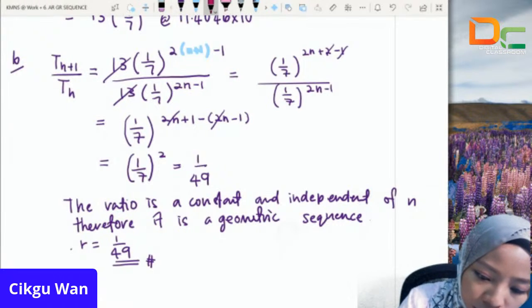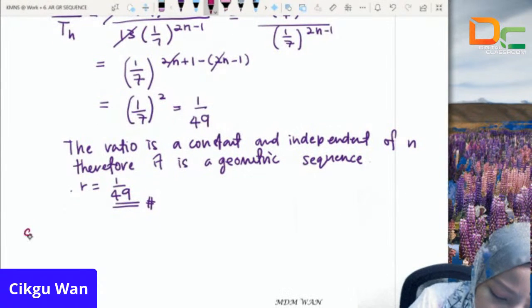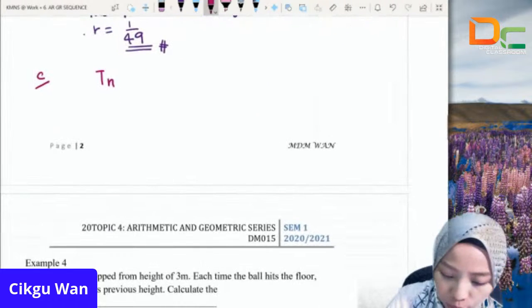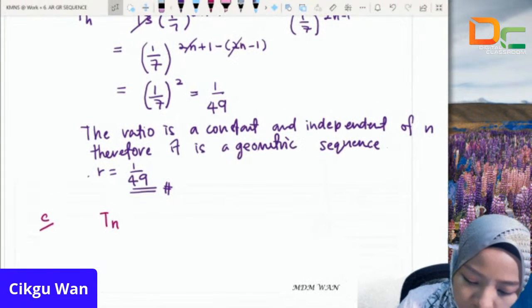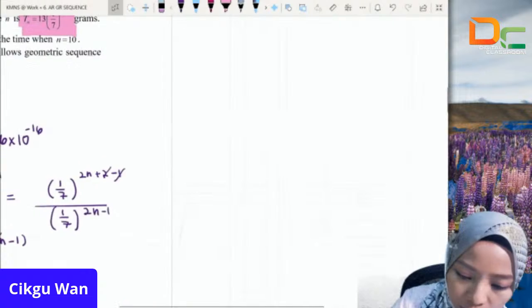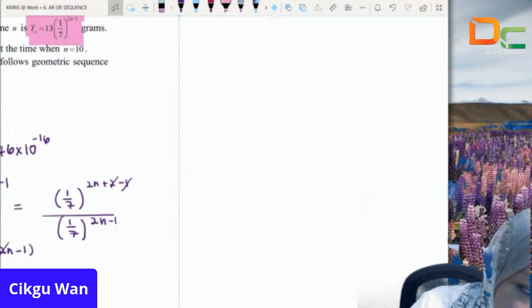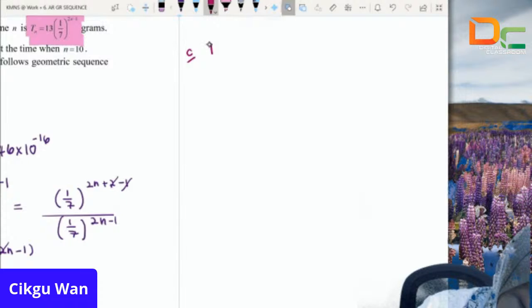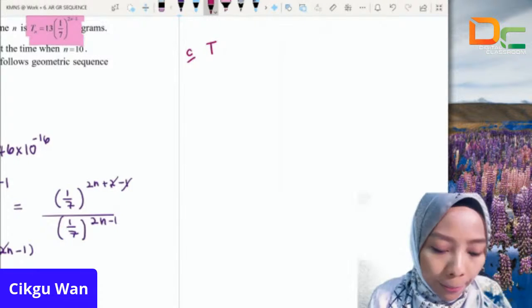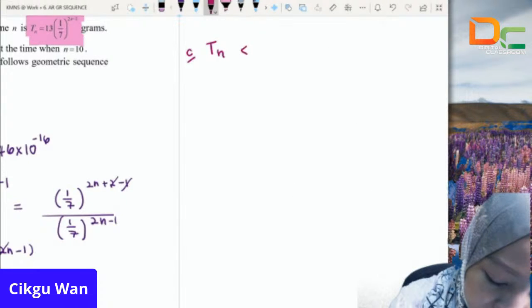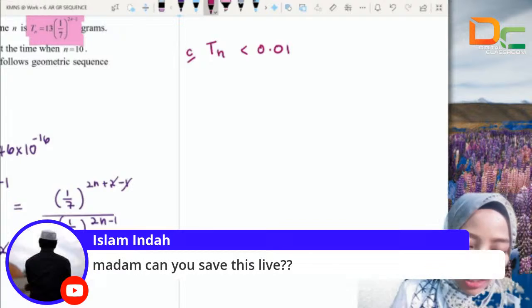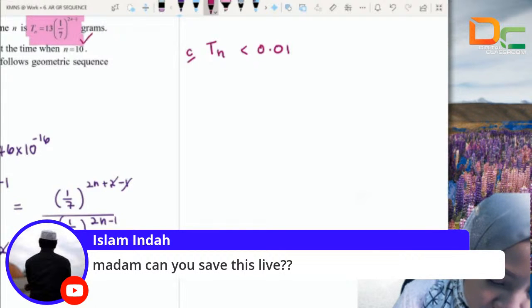Okay, so dia nak itu kita bagilah. C adalah dia nak Tn is less than 0.01. Okay, ambil sini sikit. C Tn is less than 0.01.